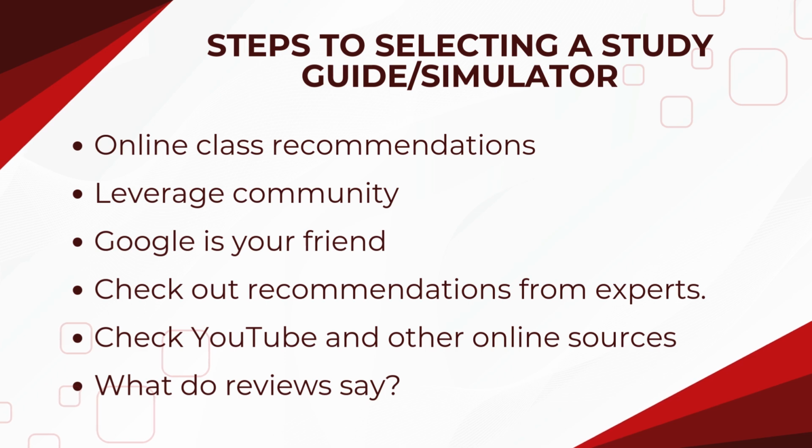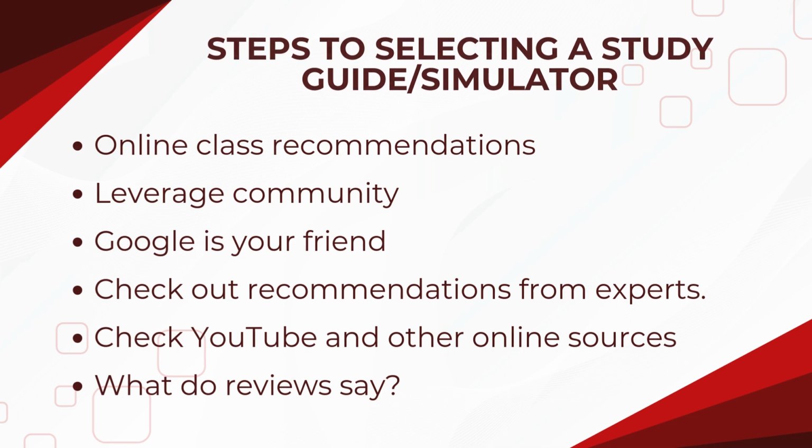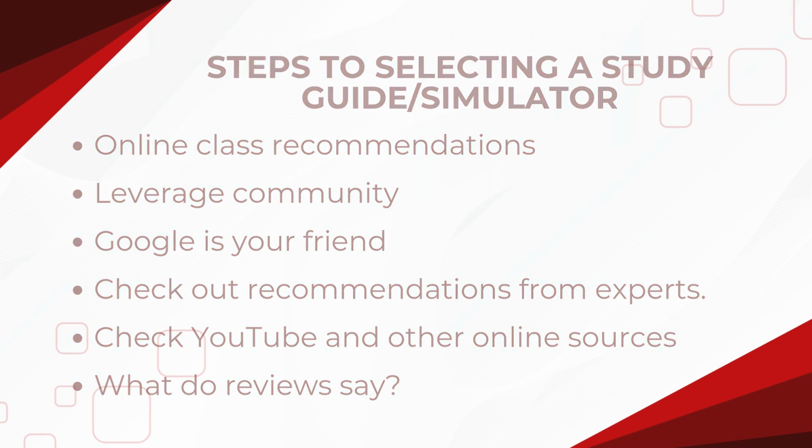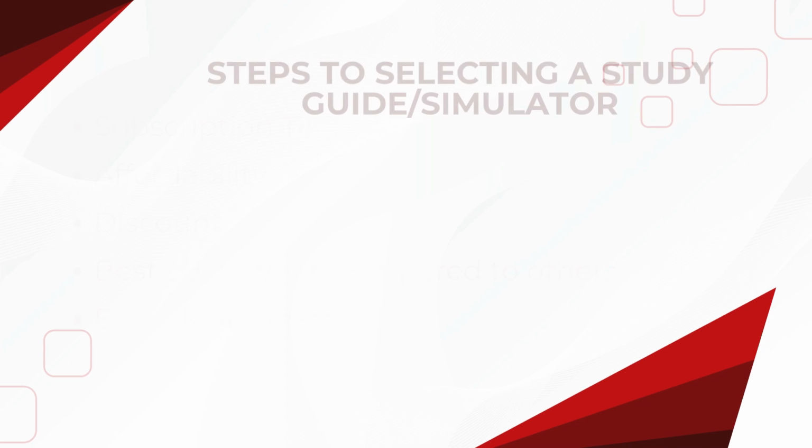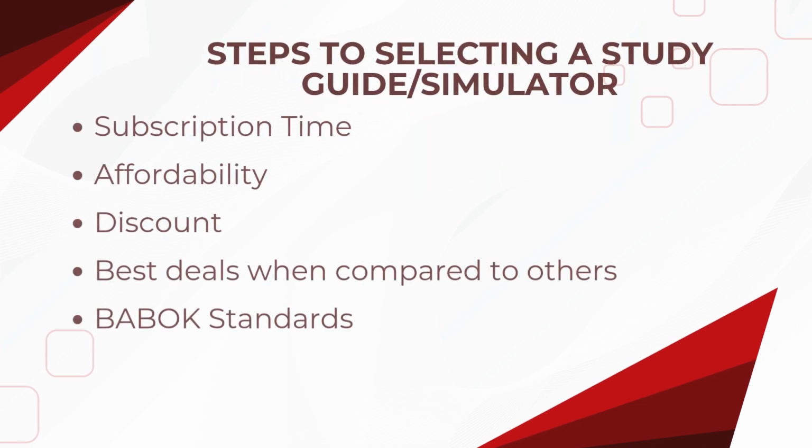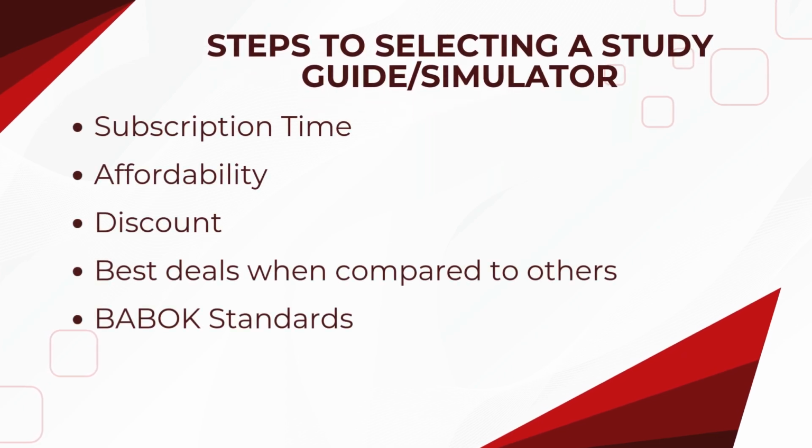Then also, what do reviews say? At times you may have come across one, two, or three recommendations made by people or experts and all whatnot, and you are like, oh, I have three to choose from. What I would suggest is this: just kindly go on Google, put the name there, and look for reviews.